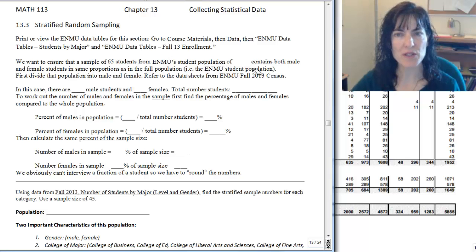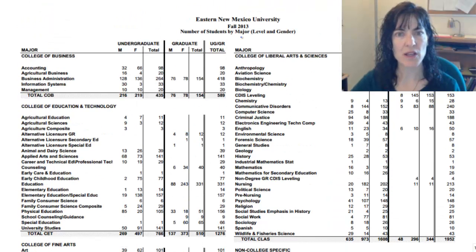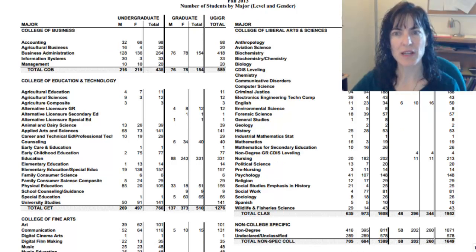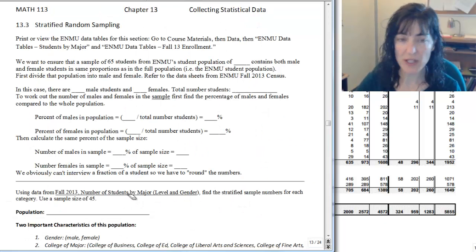So we need to know how many students we have at Eastern. So if I come to the number of students by major, I can see it has male, female, male, female. Down here at the bottom it shows the totals, all students together, 5,855. So I can put that onto my sheet.